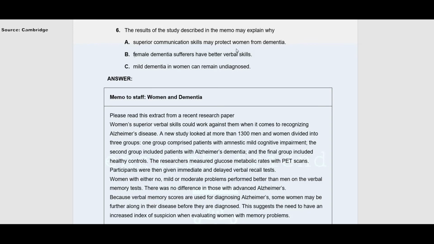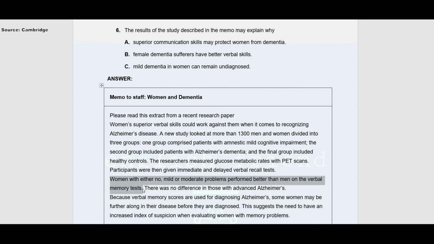Option B says female dementia sufferers have better verbal skills. This option can be connected with the information given in the paragraph here. Women with either no, mild or moderate problems perform better than men on the verbal memory tests. So you may say women perform better than men on the verbal memory test.